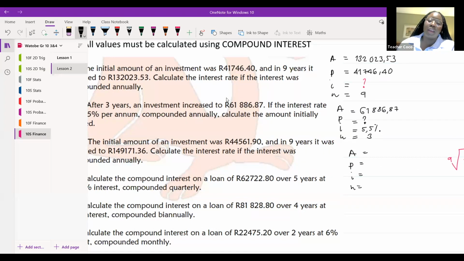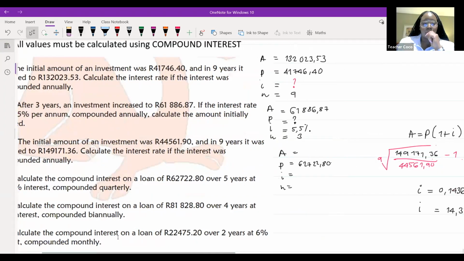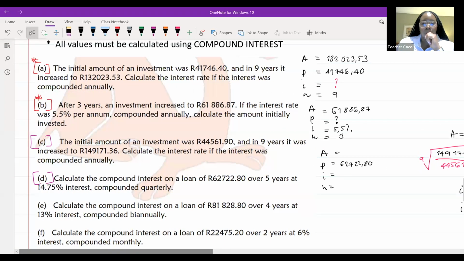What do we have? We have P, I, and N. Good. What is our P? P is 62,722.80. And then our I is 14.75, but 0.1475 when you convert it. Good. And then our N is 5.